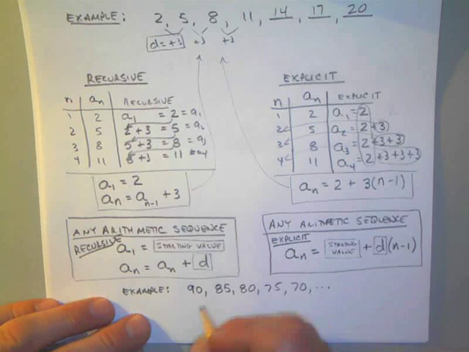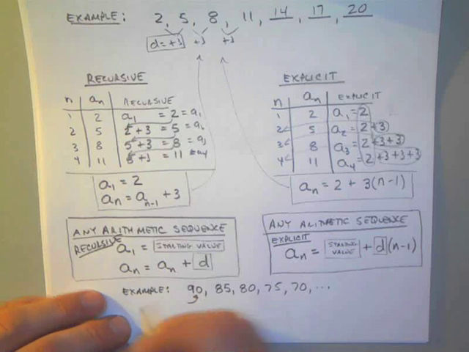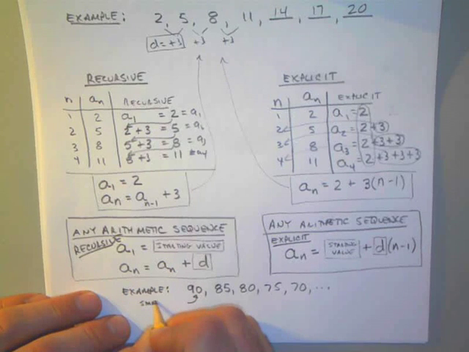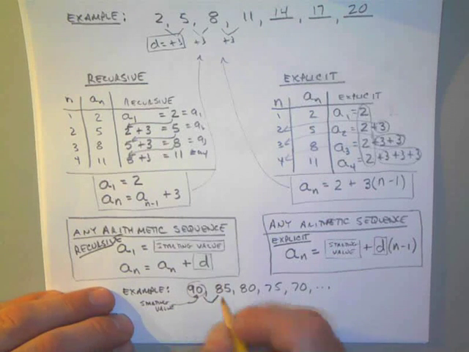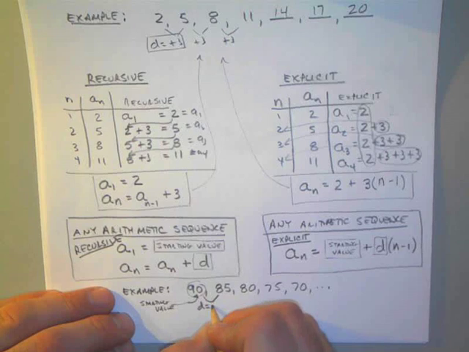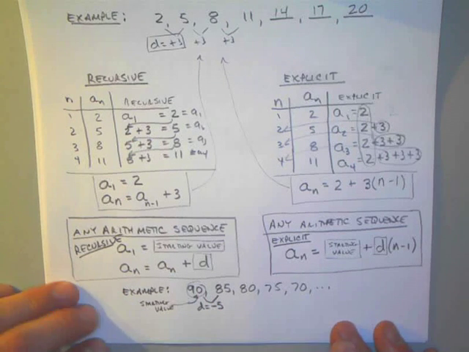So there's two things that we need to know. We need to know the starting value, which in our case appears to be 90, and we need to know the common difference, which is -5.